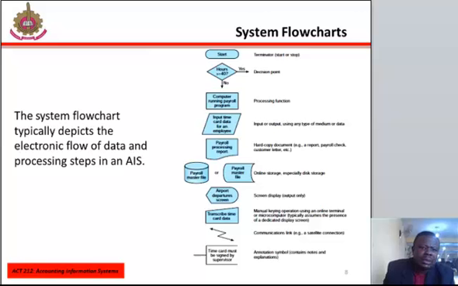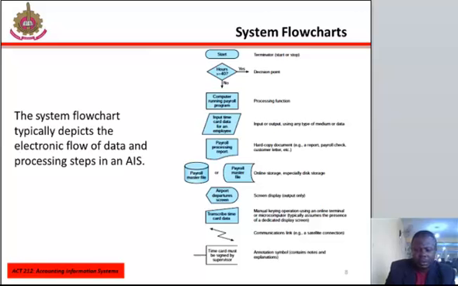Now, on this slide are symbols showing system flowcharts. These are symbols you can use to design your system flowchart, and each symbol has what it means written beside it, so you can go through it in your lecture materials.